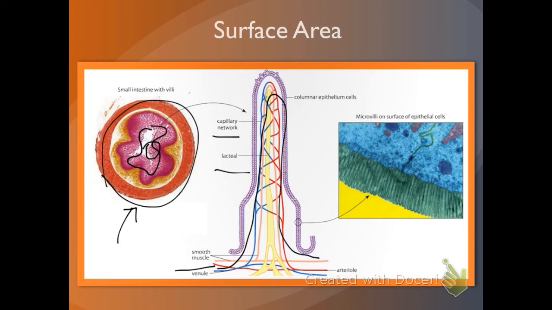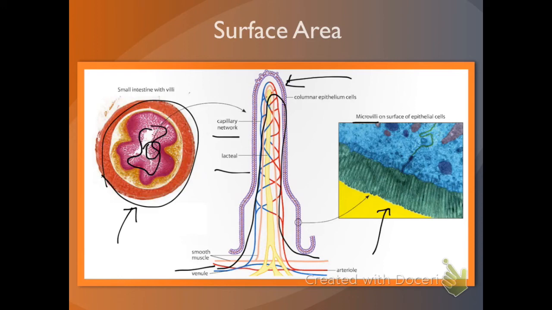In addition to the villi, each villus is surrounded by microvilli. Microvilli are even smaller finger-like structures that again increase the surface area even more. Together, these things amazingly increase surface area about 300 times what it would normally be.